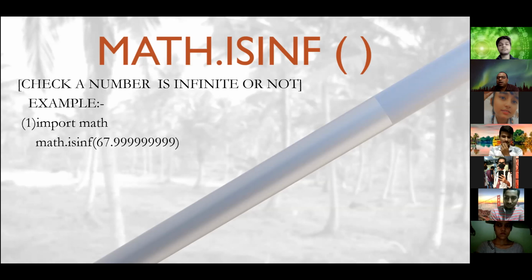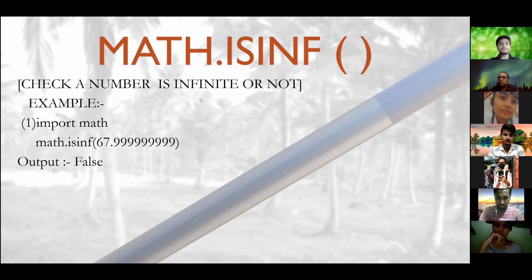Sir, infinite, sir. This number is infinite, so in this case it will return true. It means if it is infinite, then this function returns true, but the output is false. Why is it giving false?